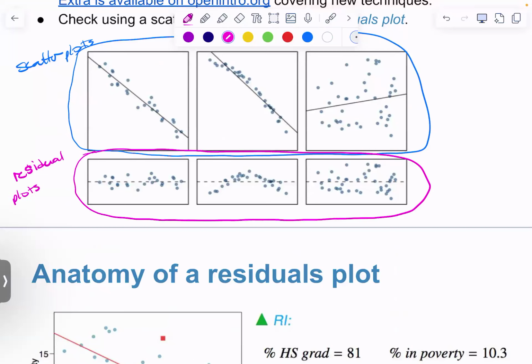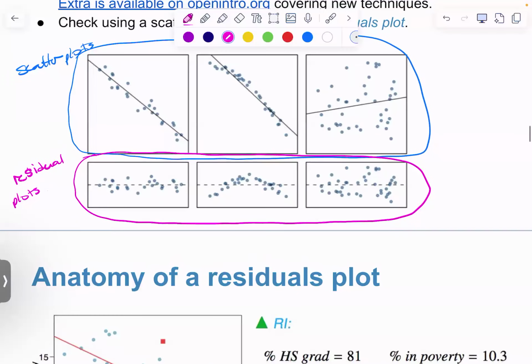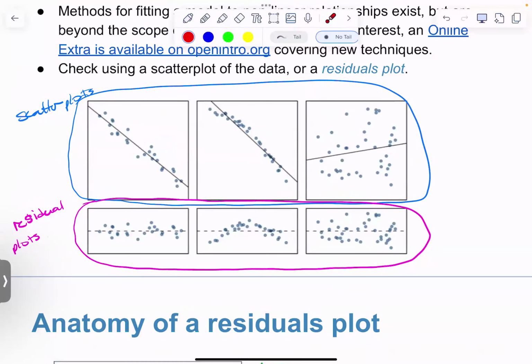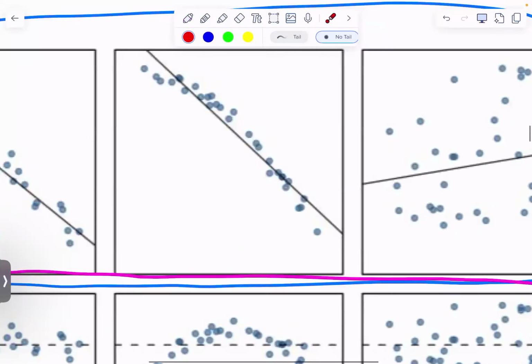Residual plots. We've got the anatomy of a residual plot on the next slide, but these are residual plots. Now, what we use them for is really just to magnify the relationship in the original scatter plot, right? And so, for example, this first one looks good, but the second one, I'm a little bit concerned that maybe this is not a linear relationship.